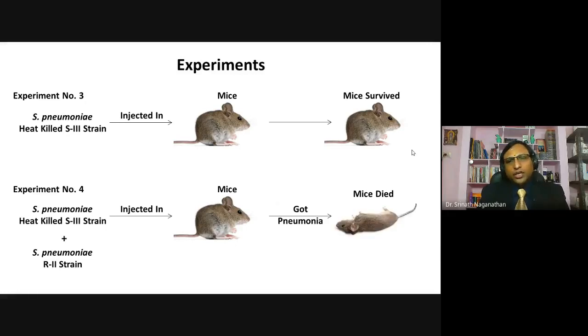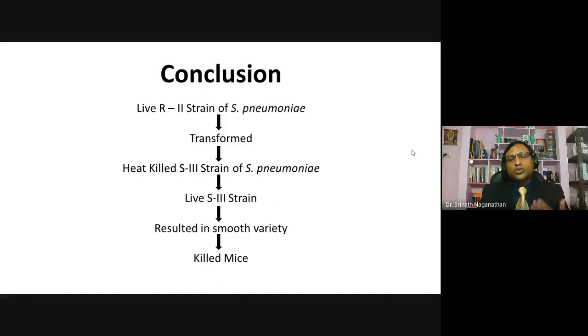From this, he concluded that the live R2 strain of Streptococcus pneumoniae was transformed by the heat-killed S3 strain into a live S3 strain, a smooth variety with a capsule over the R2, making the mice die. So he thought that some molecular particles were responsible, due to which it was getting transformed.